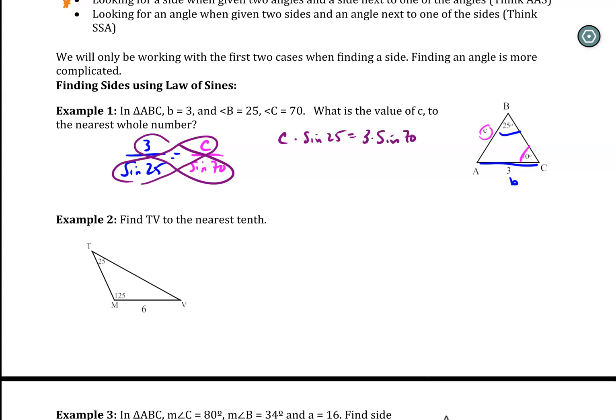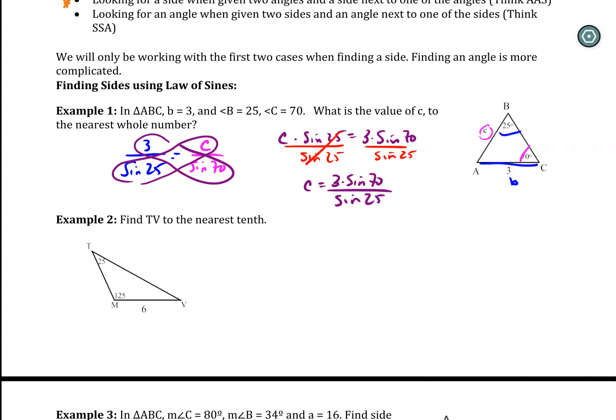As you guys know, I like to solve for the variable all by itself and then worry about plugging in the calculator. So let me divide out this sine of 25 from both sides to get this alone. So now I have c equals 3 times the sine of 70, all divided by the sine of 25.